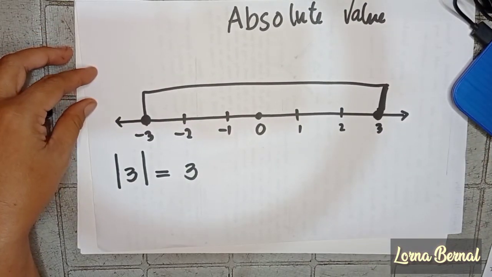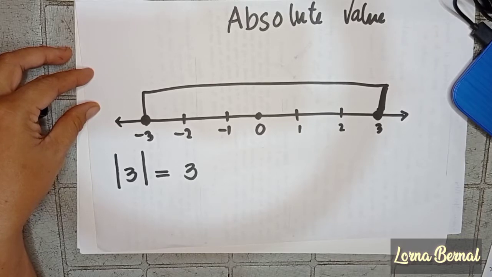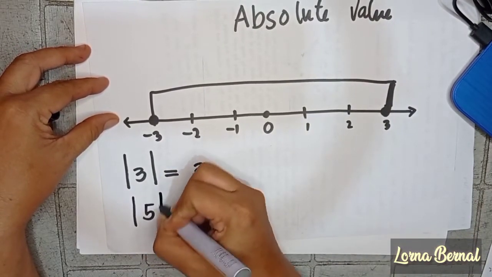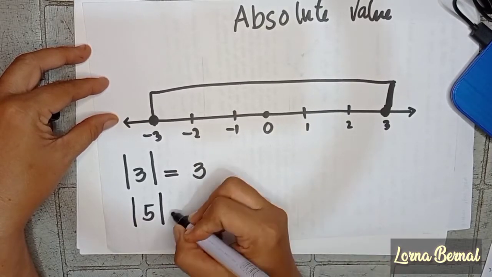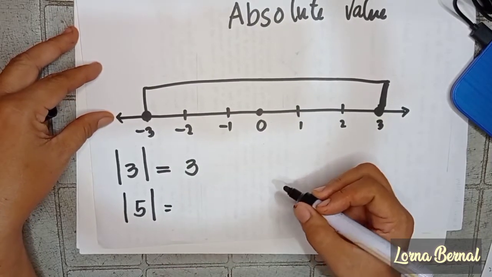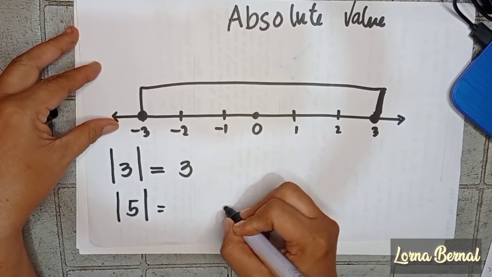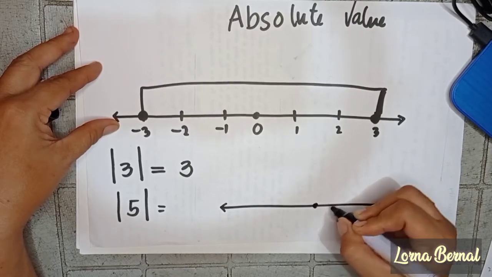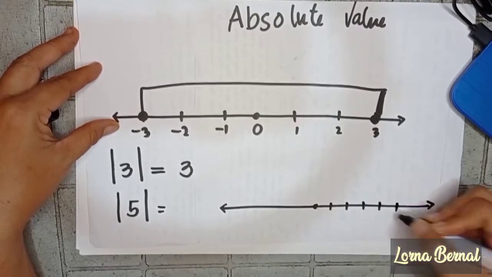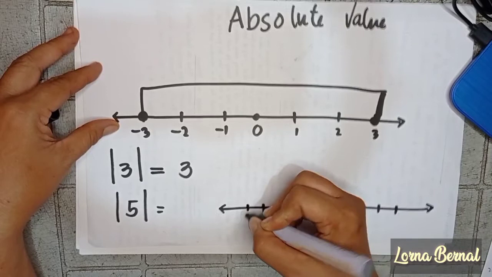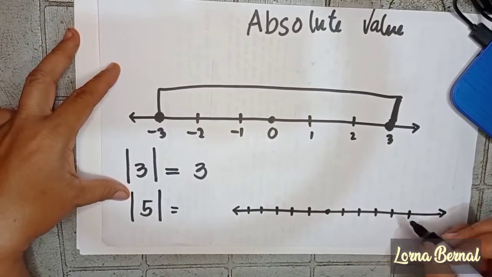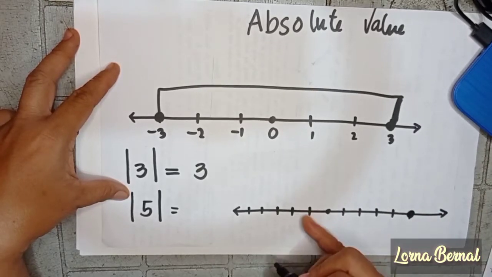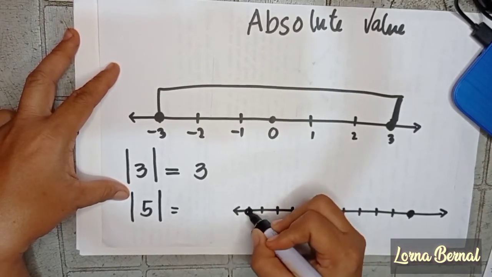Let's take for example, what is the absolute value of 5? The absolute value of 5 is denoted by the absolute value of 5. If you are going to illustrate that again using a number line, if this is 0, so 5: 1, 2, 3, 4, 5, and its additive inverse 1, 2, 3, 4, 5.